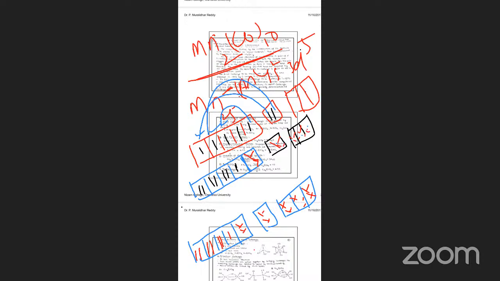This manganese contains one unpaired electron, and here also an unpaired electron is there. Both electrons form the manganese-manganese bond. That is the structure.